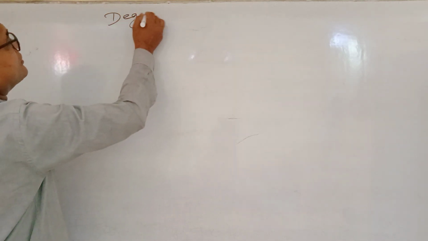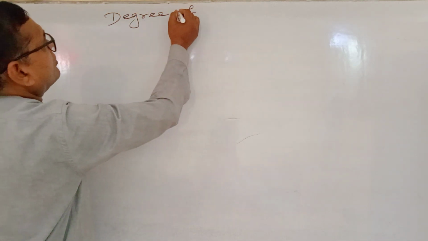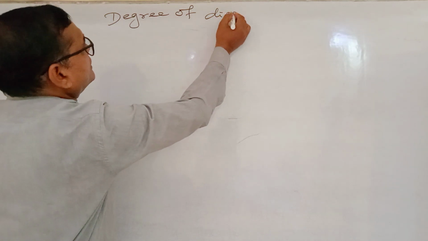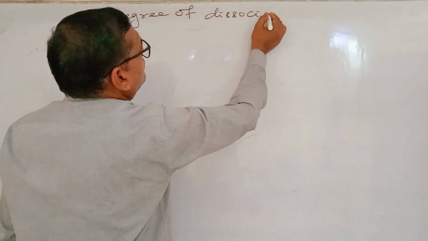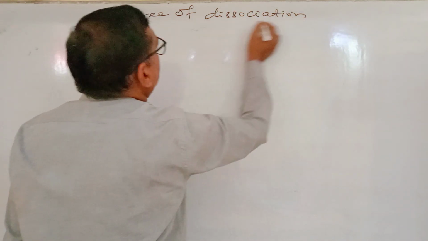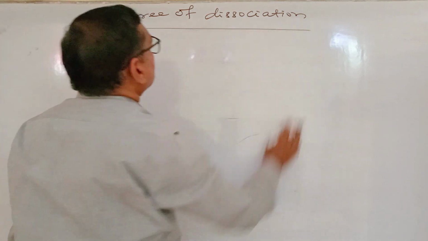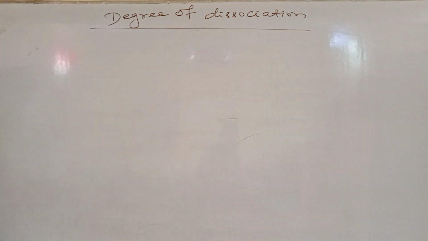Next topic is degree of dissociation. It is denoted by alpha.